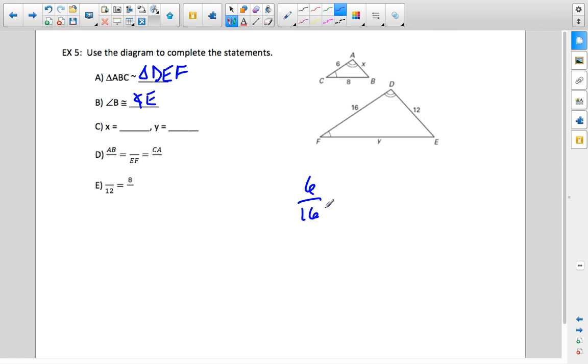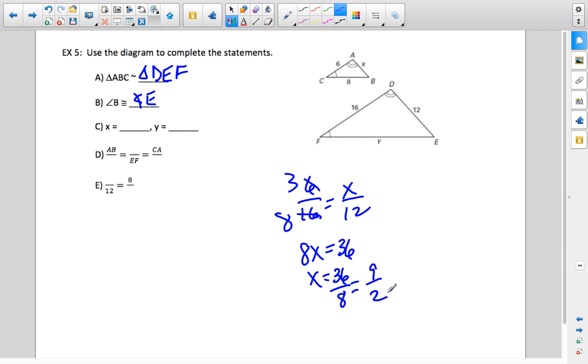So I'm going to go 6/16 equals X over the 12, the side it goes with. 6/16 can be reduced to 3/8, and when I cross multiply, I get 8x equals 36. So X equals 36/8. When I divide by 4, I get 9/2, which is 4.5.